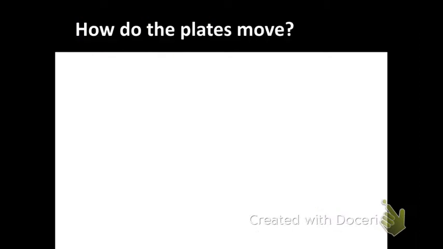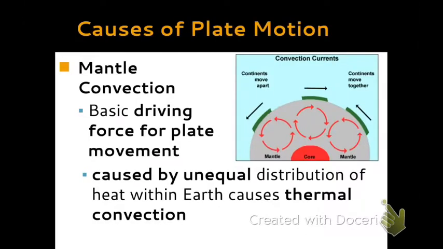So how do the plates move? We know that they move, but what is causing them to move? Well, if you remember, the reason all these plates are moving in the first place is because we have convection in the mantle. The core of the earth is extremely hot, causing the magma to rise up because it's less dense. As it gets farther from the core, that magma cools off and it condenses, going back down, and that's what's creating that convection current.